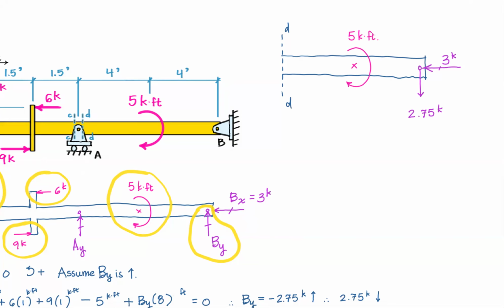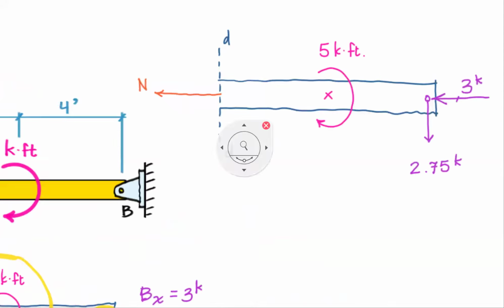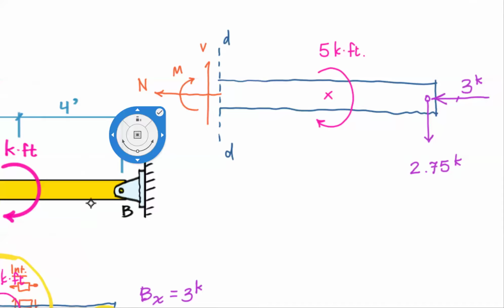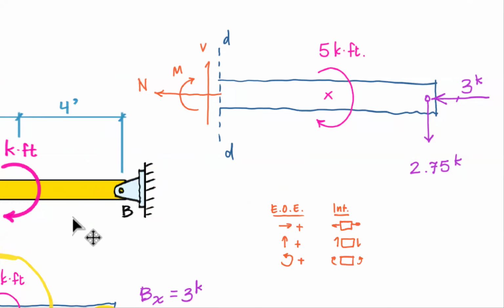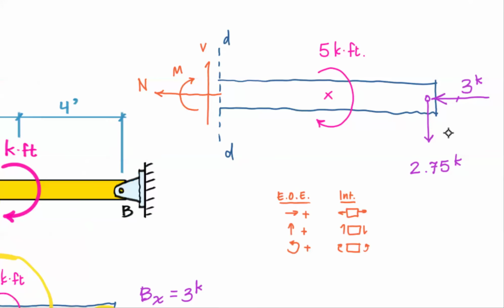So as I cut through, I introduce the unknown internal forces. Those take the place of the actions of everything that I've cut away. We always draw these in the positive direction for internal forces. This is what we sketched out a little earlier, not that one, this one. Okay, so we're using those sign conventions for internals.